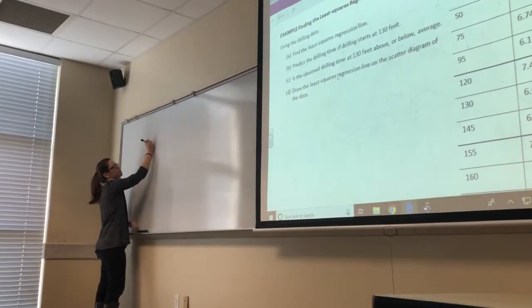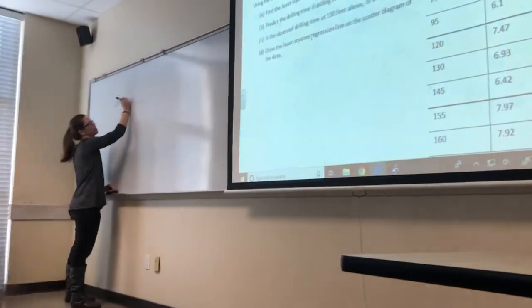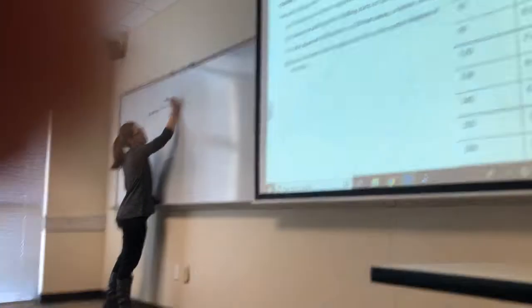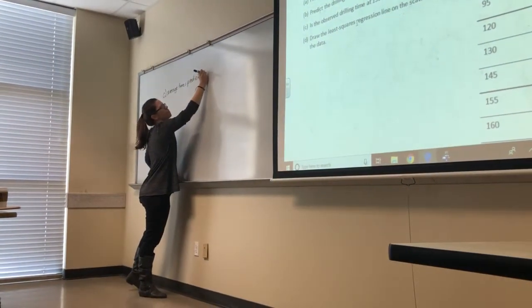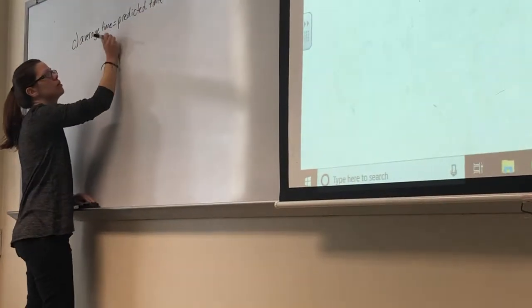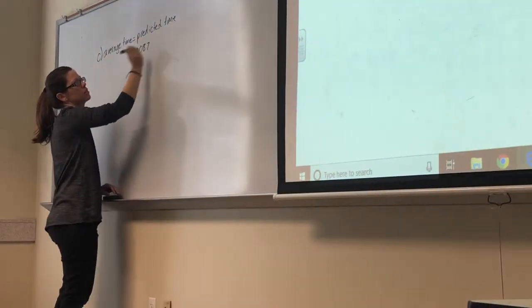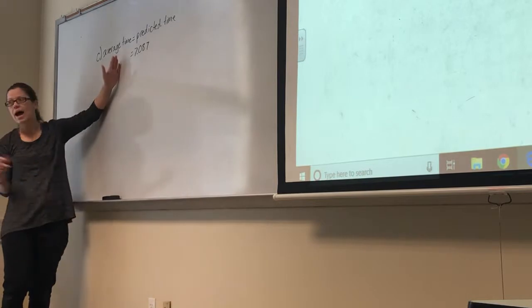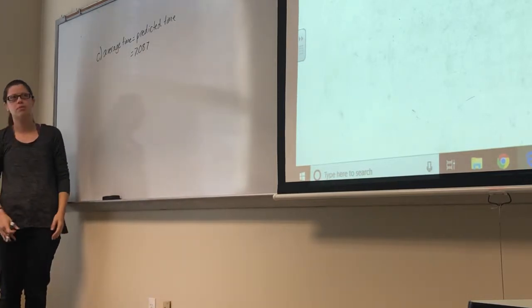Our average time is the same thing as the predicted time, 7.087. Yeah, okay. So that's our average time, is the same thing as the predicted time for those ones.